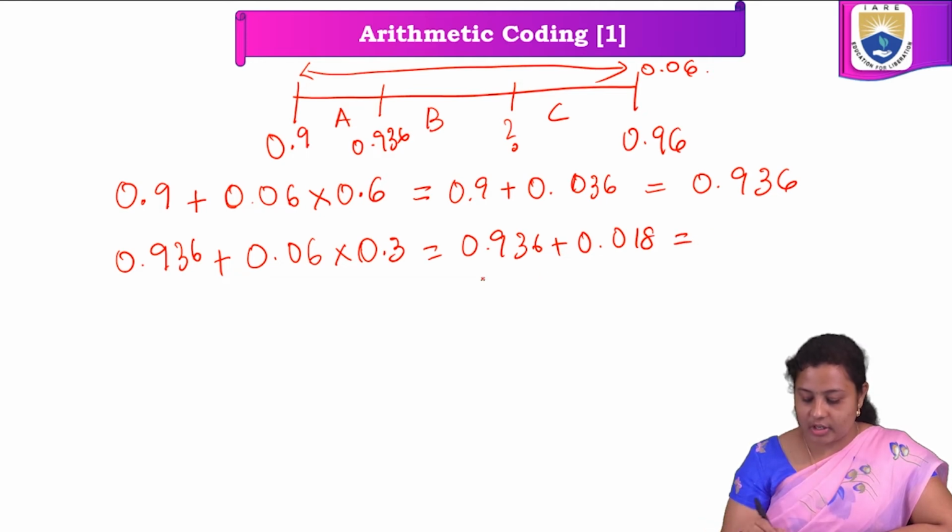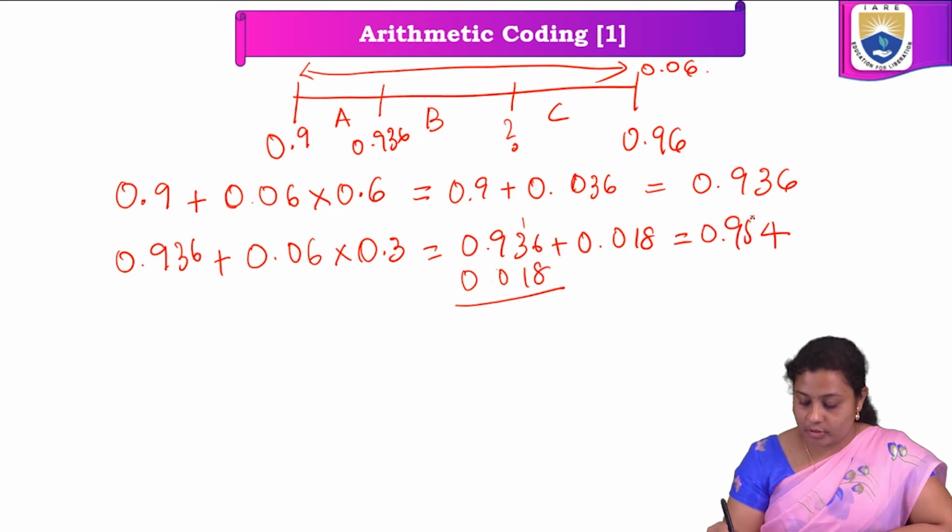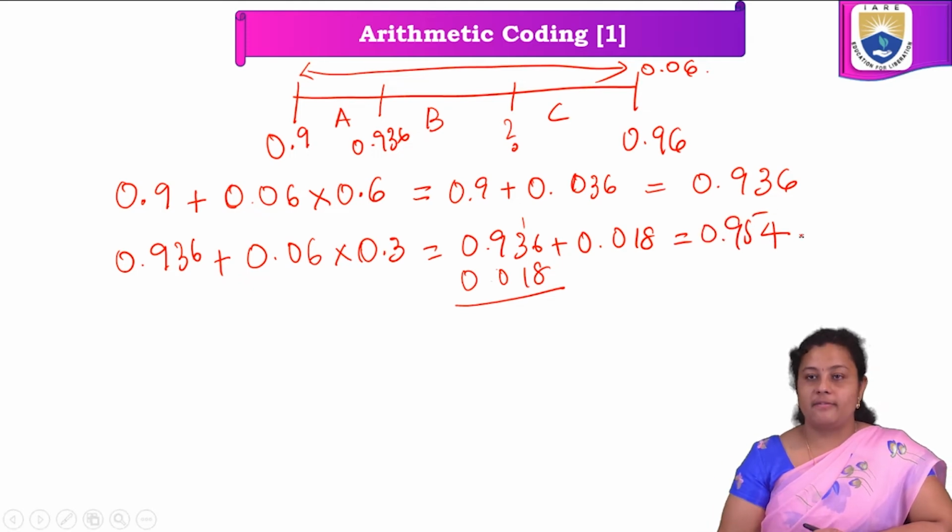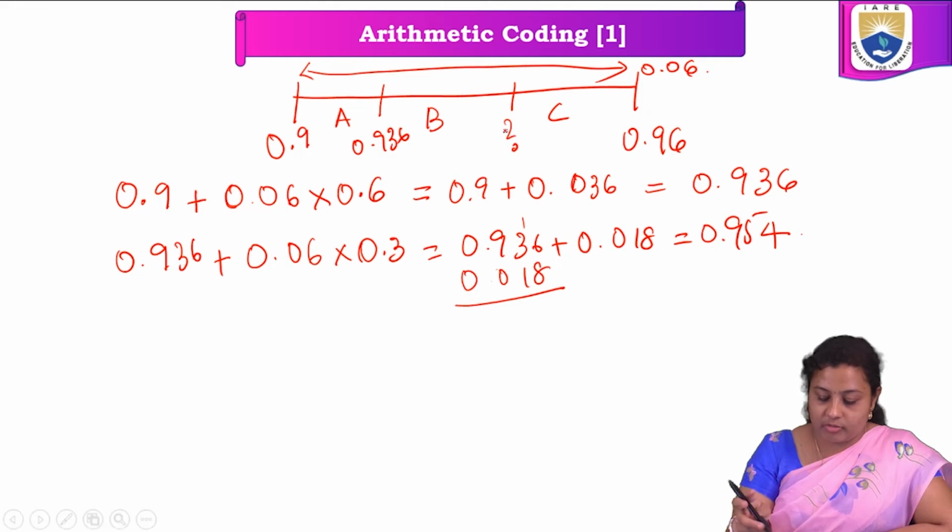So I get the value as 0.954. So my question mark now becomes 0.954.